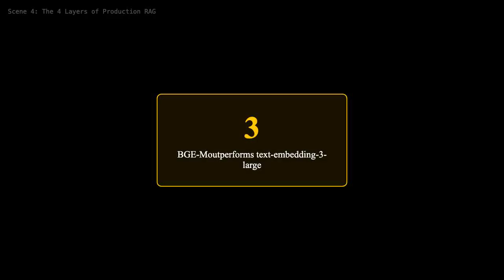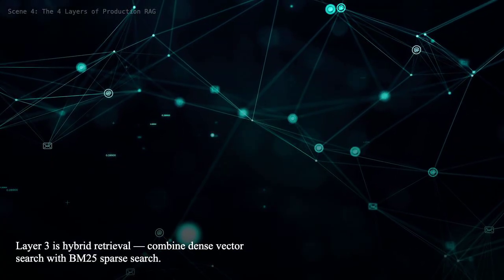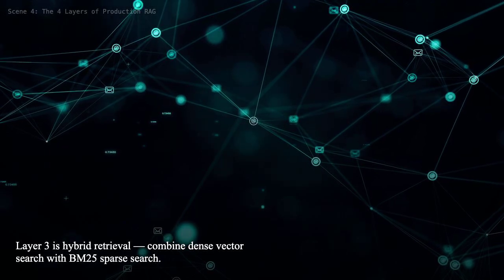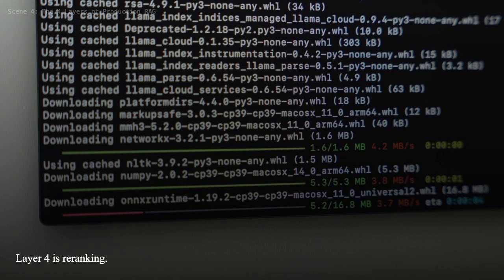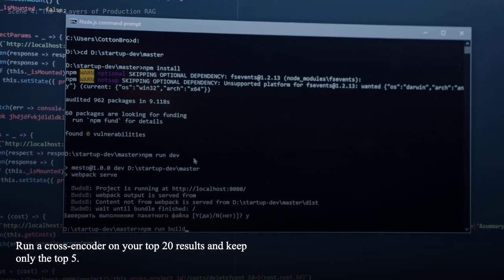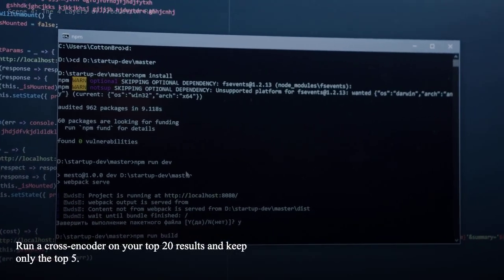BGE-M3 outperforms text embedding 3 large by 12% on technical documentation. Layer 3 is hybrid retrieval, combine dense vector search with BM25 sparse search. This alone lifts recall by 18%. Layer 4 is re-ranking. Run a cross-encoder on your top 20 results and keep only the top 5.